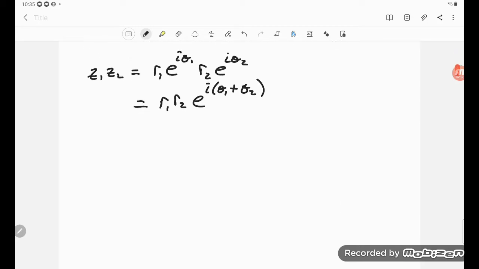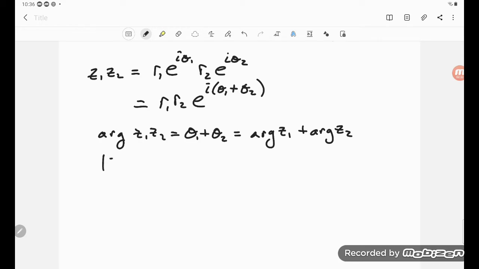Okay, so what I see is arg of Z1 Z2 is theta 1 plus theta 2, or in other words, arg Z1 plus arg Z2.